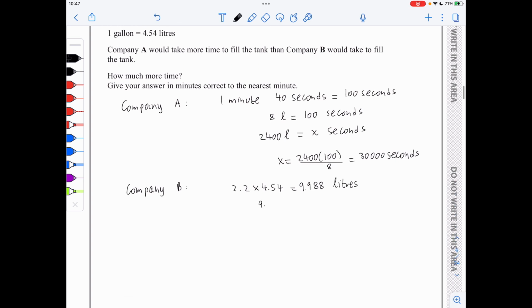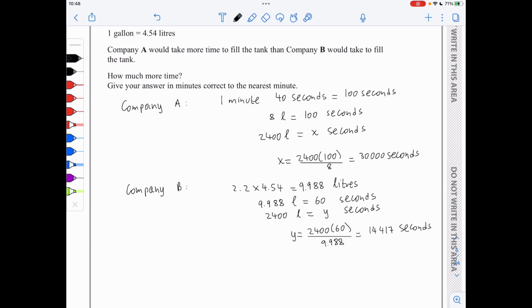So 9.988 liters in 60 seconds. So 2,400 liters in how many seconds? So y will be 2,400 times 60 over 9.988, and this turns out to be 14,417 seconds.